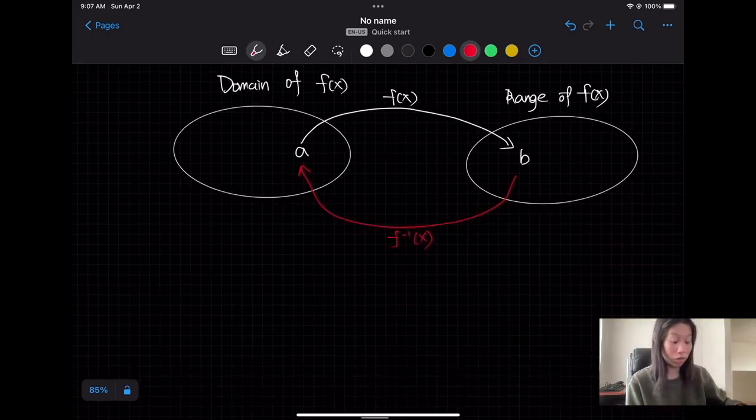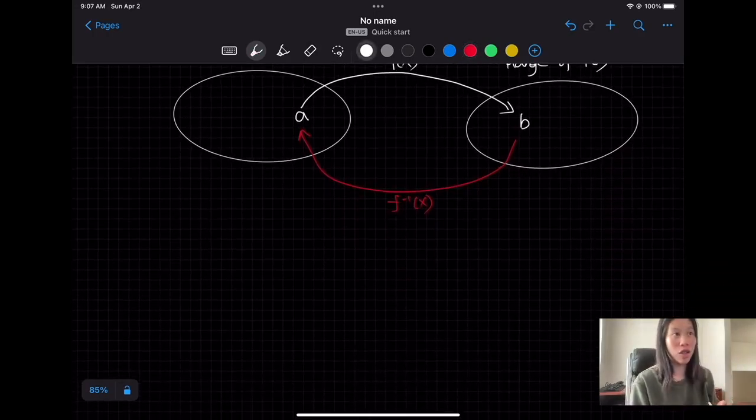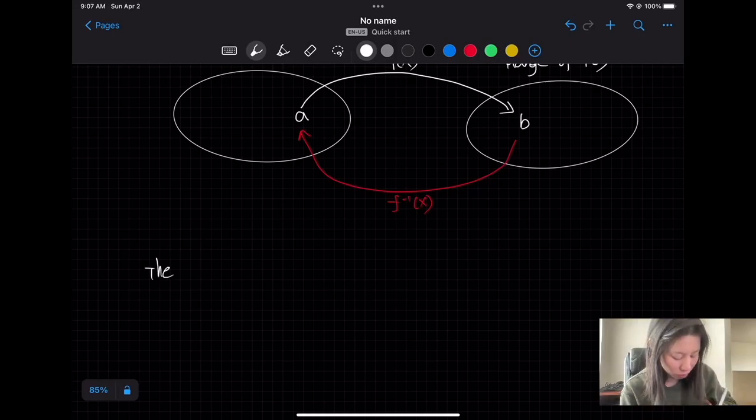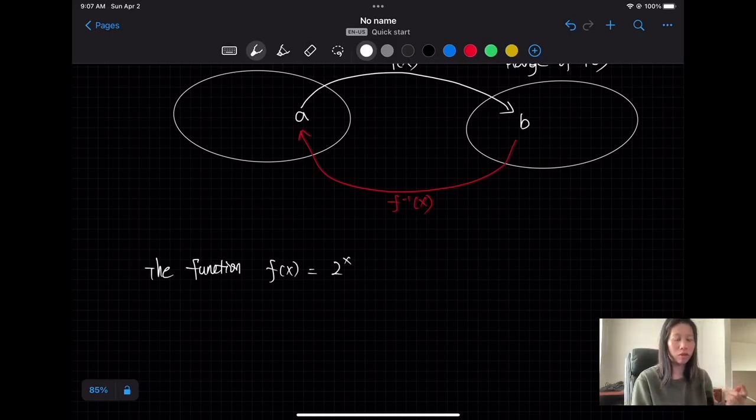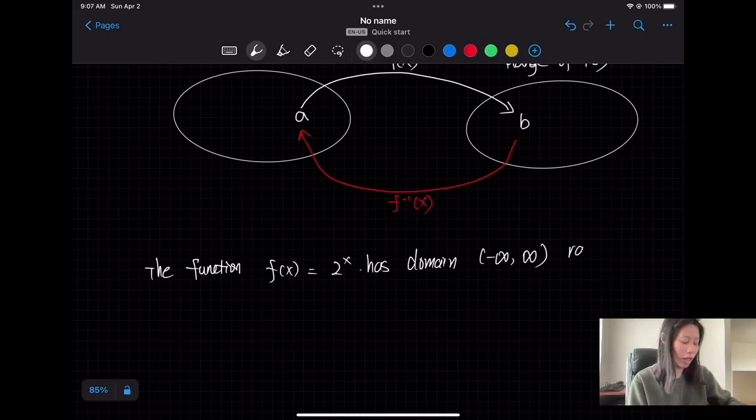Okay, so for example, if I tell you that the function f(x) equals 2 to the x power has the domain of negative infinity to infinity, and the range is 0 to infinity, what do we expect the domain and range of the inverse function to be?